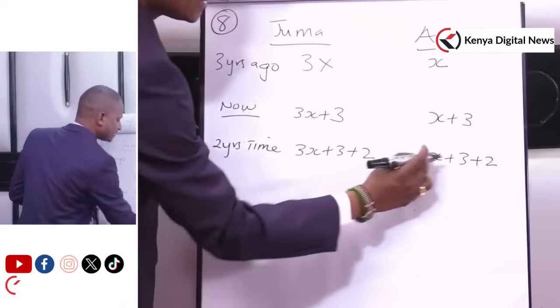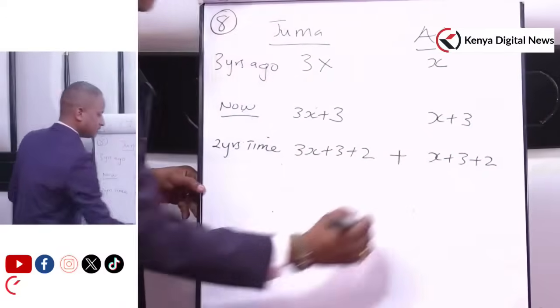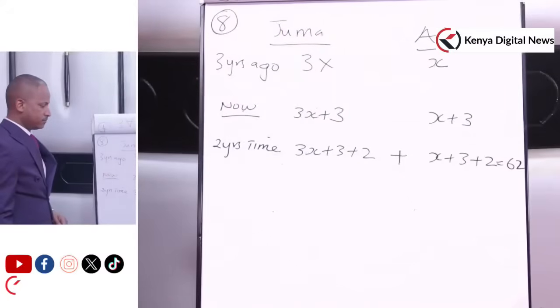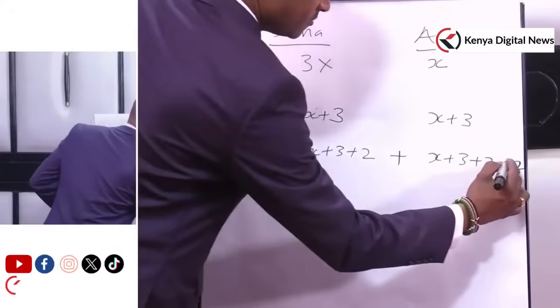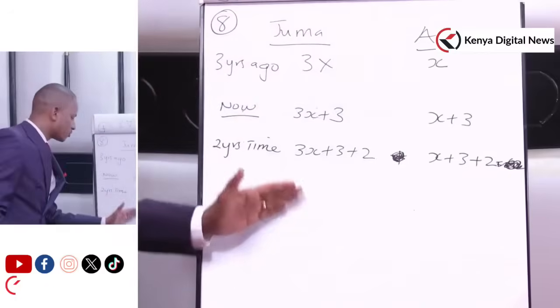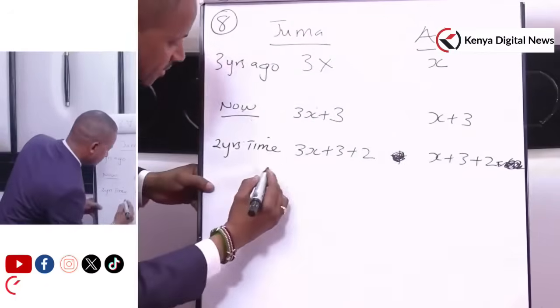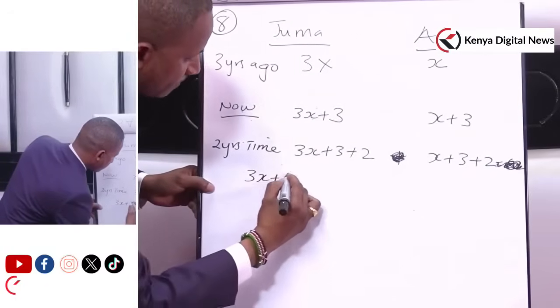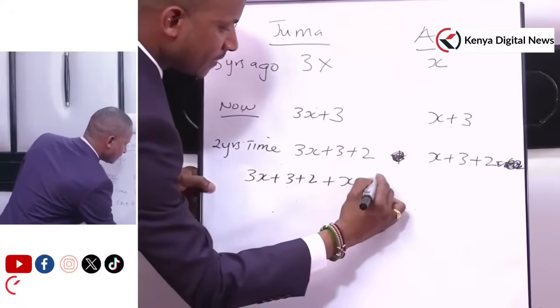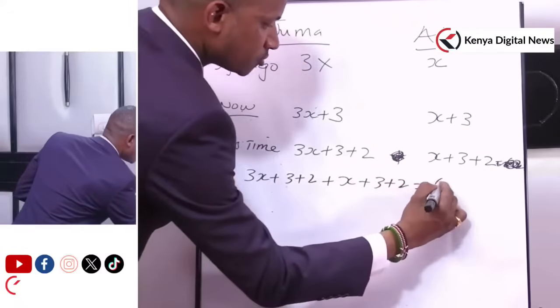When you add the sum of their ages, it will be 62. Let me just remove here to be neat. So you come to the next. The sum of their ages, which is 3x plus 3 plus 2 plus x plus 3 plus 2 equals 62.